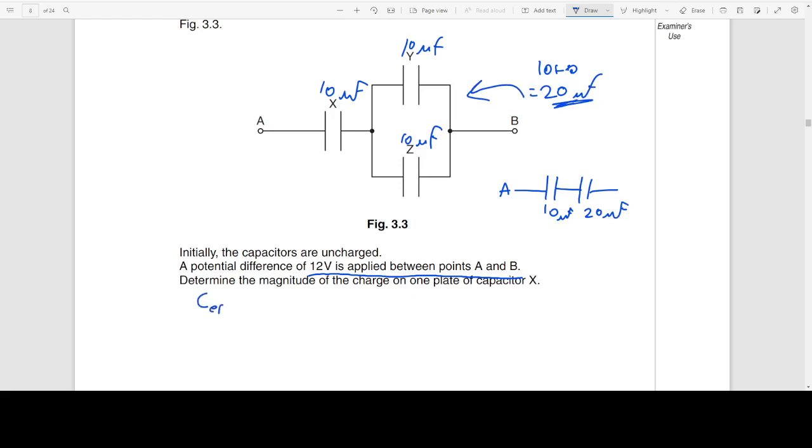So the effective capacitance is going to be 1 upon 10 plus 1 upon 20, and the reciprocal of this. So if you calculate, you'll get 20 by 3 microfarad. And we know Q equals CV, which is equal to 20 upon 3 microfarad multiplied by 12 volts, which is 80 microcoulombs.